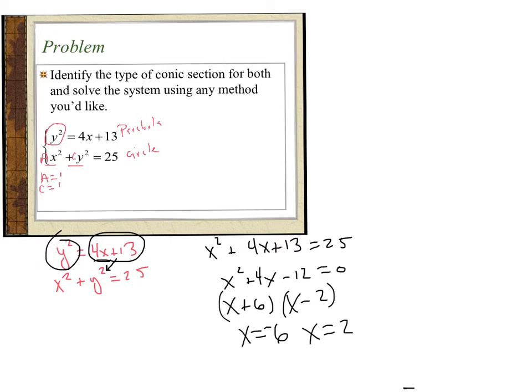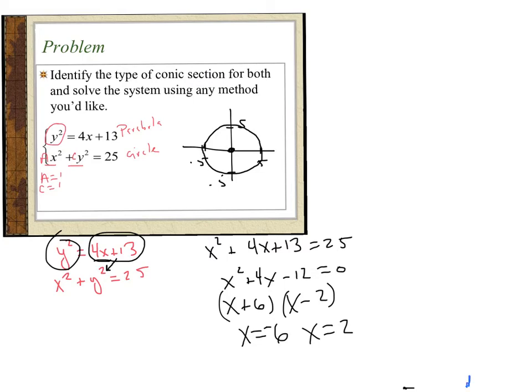So basically I have a circle. I'm going to go ahead and draw the graph back on the PowerPoint presentation. I have a circle that's centered at the origin with a radius of 5. And I'm looking at these two solutions, and I'm looking at my parabola, and I kind of have a general understanding of how to graph this parabola, and I know it's going to open to the right.